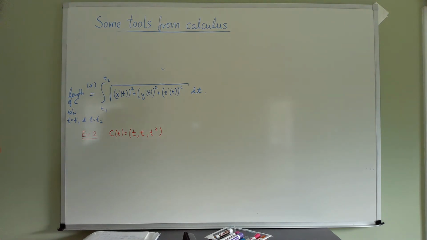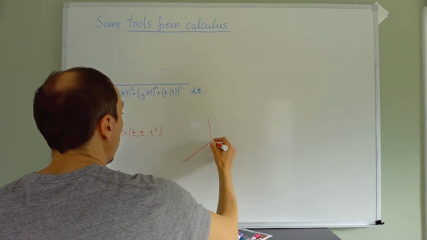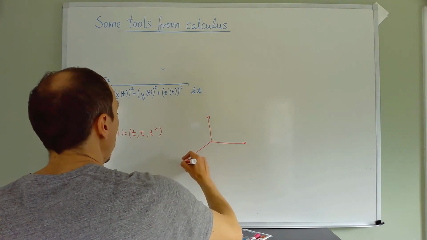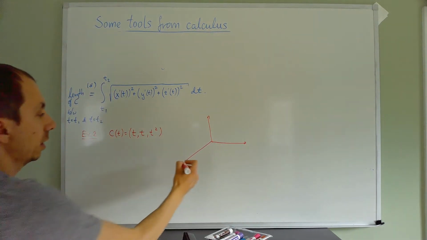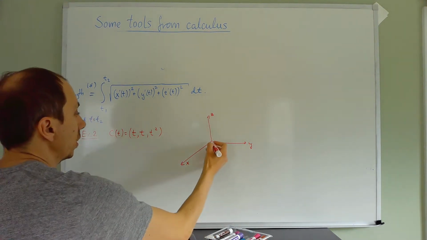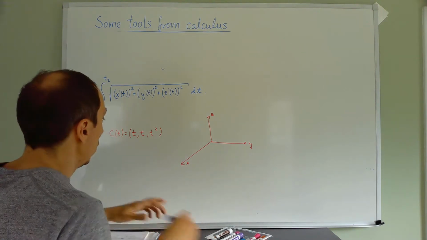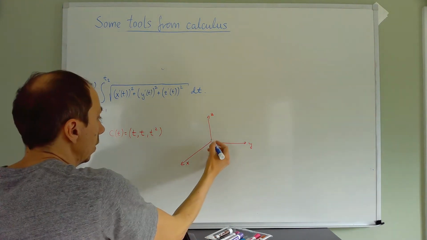Remember, the graph of it looked like this. When I project the graph of this curve onto the xy plane, I just get the line y equals x.